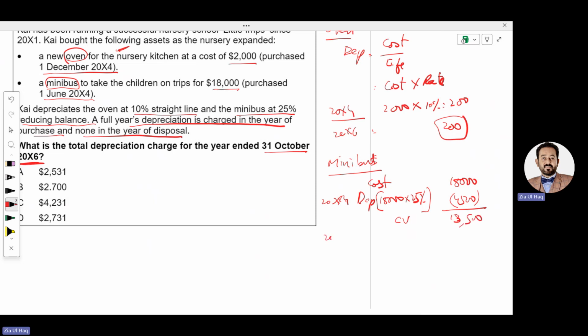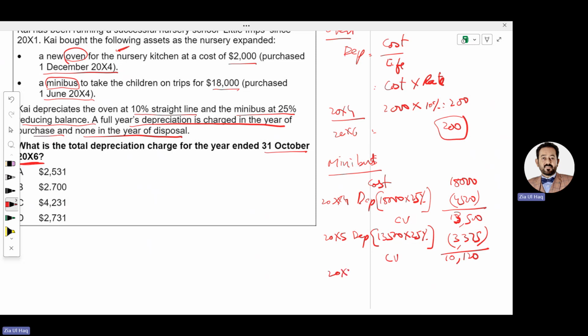And for 20x5, we will record depreciation of 13,500 into 25%. What is that? 3,375. And carrying value will be 10,125.